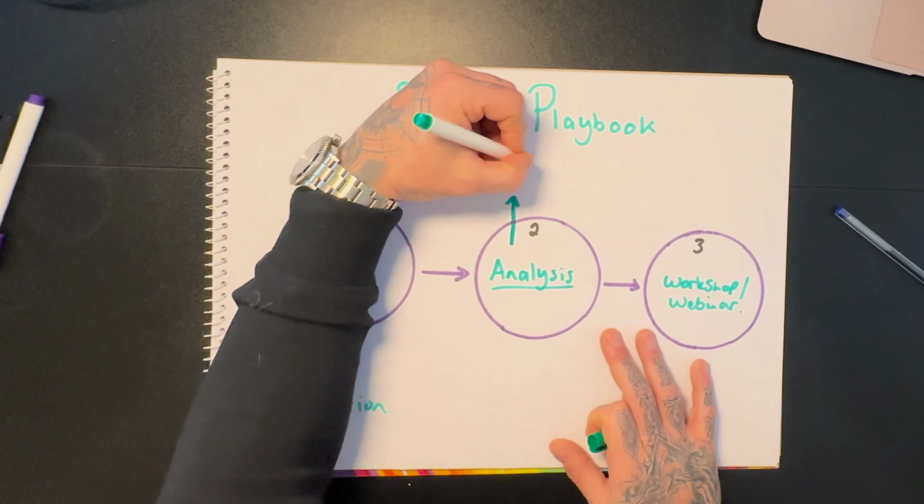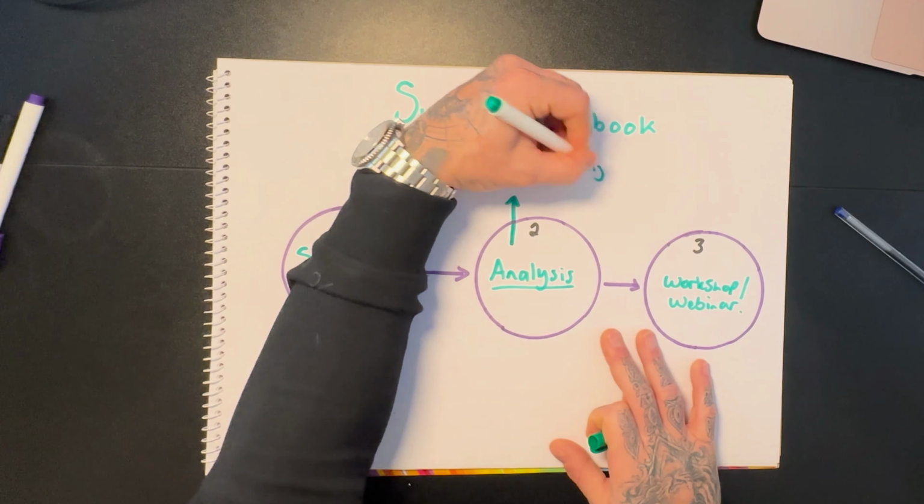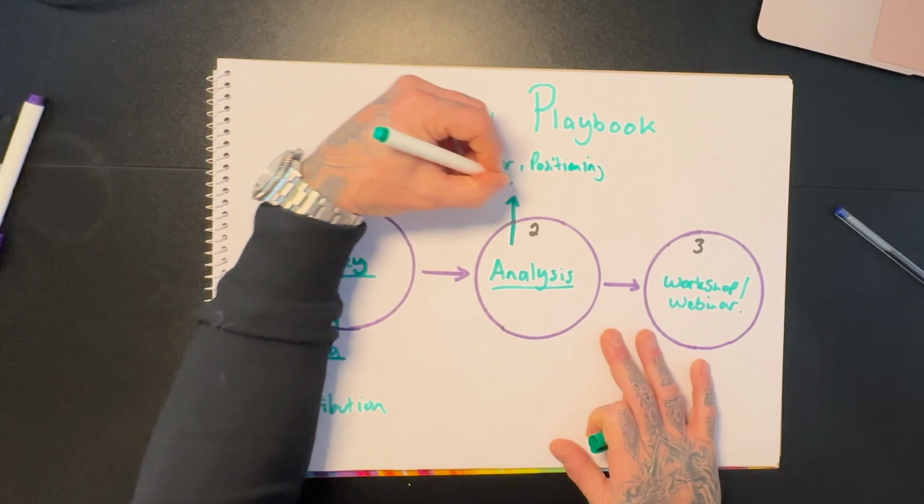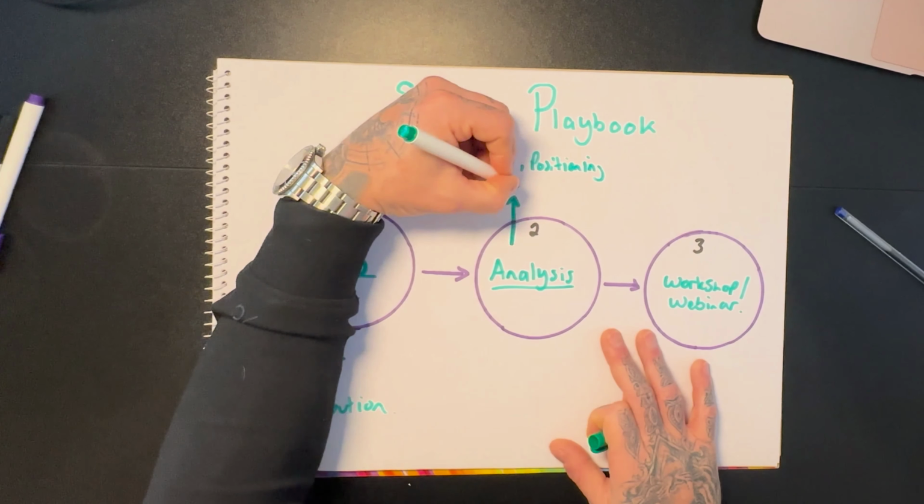Number 1, we want to improve our offer, our positioning, the work on our ideal client profile, and then of course our service. So we can take this feedback and look at what we can learn to make sure that our offer is hitting the right notes with the people who actually want our service.